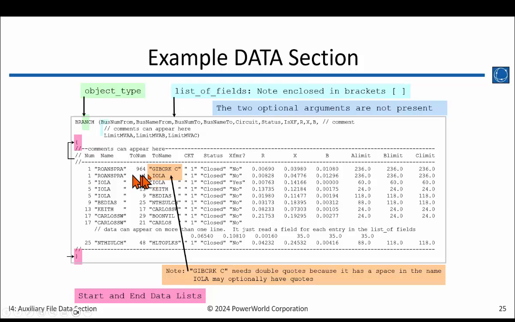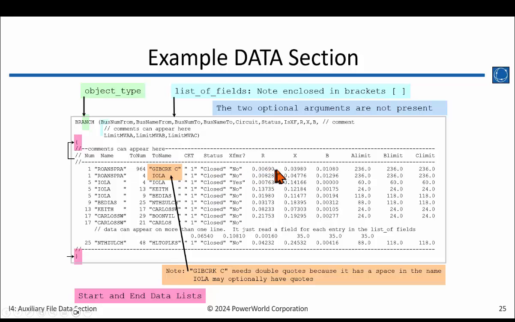This second line has an example where there's no quotes around the bus name. That's also correct and would work in this case because the bus name doesn't have a space within the name. The circuit ID then follows. That's got quotes because even though these all look like numbers, it's a text field. It's a two-character text field, so that's in quotes. These other text fields are in quotes.